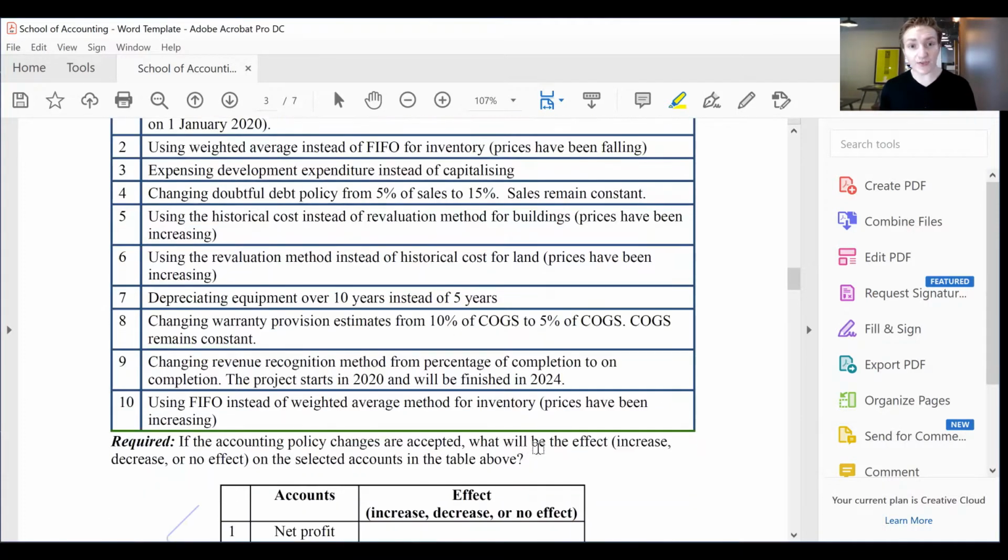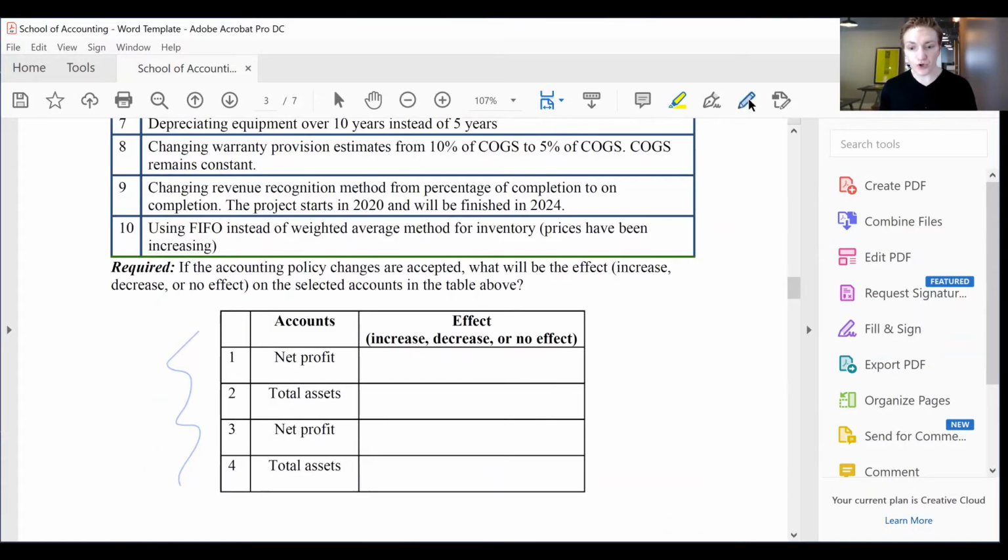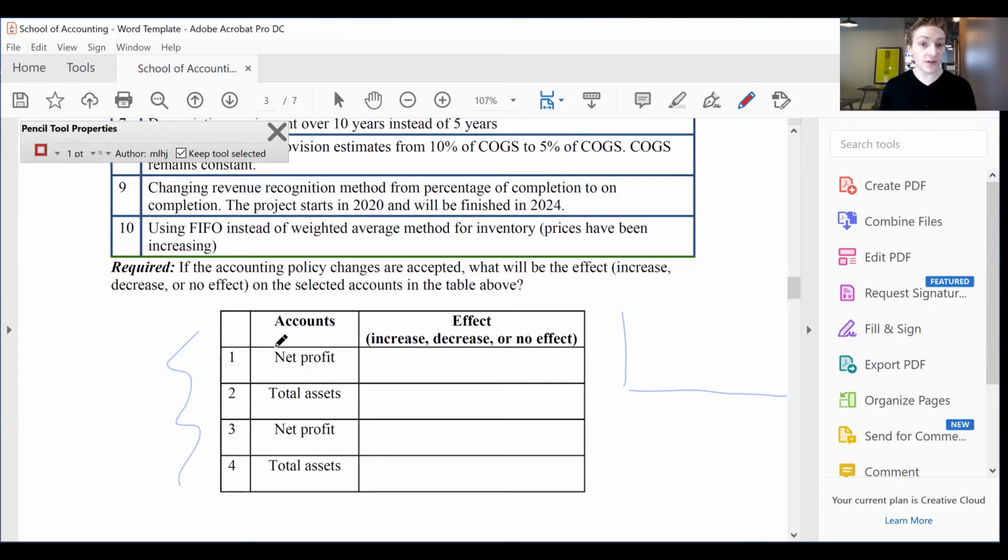Now we can think about this graphically as well. So say we were to just draw a basic graph here, what it might look like is we have in the vertical axis the depreciation per year, and the horizontal axis we can have time. And what we can look at is how the two depreciation policies might compare to one another. So let's first focus on straight line.